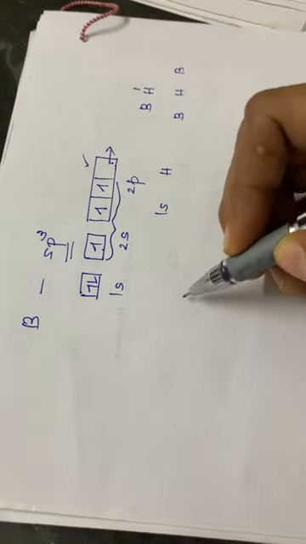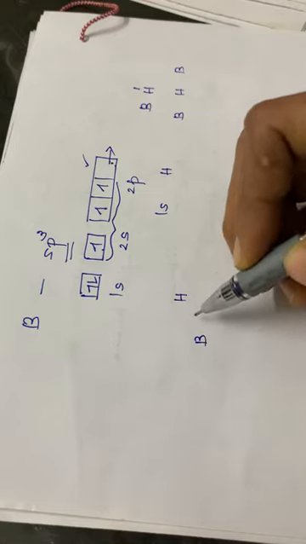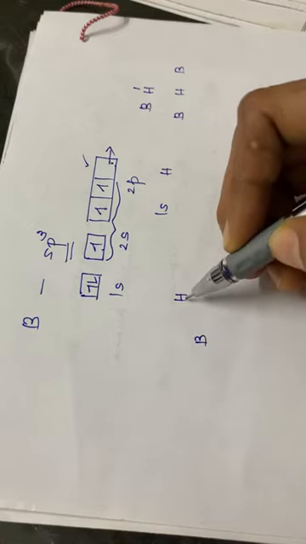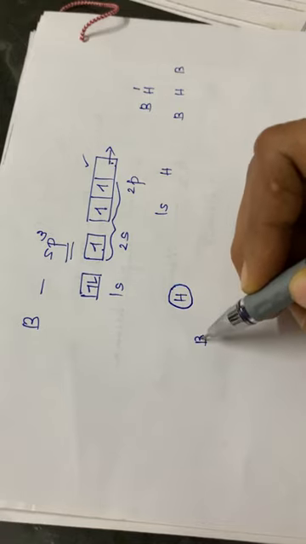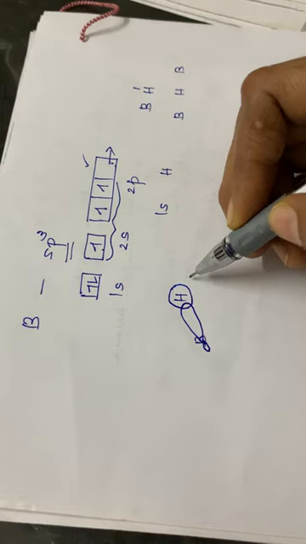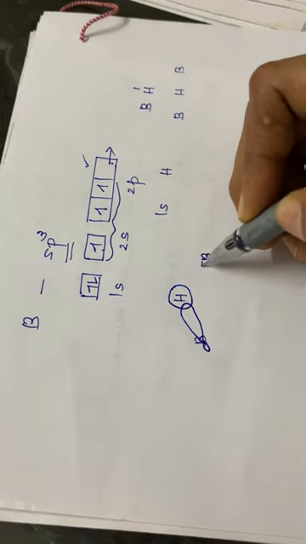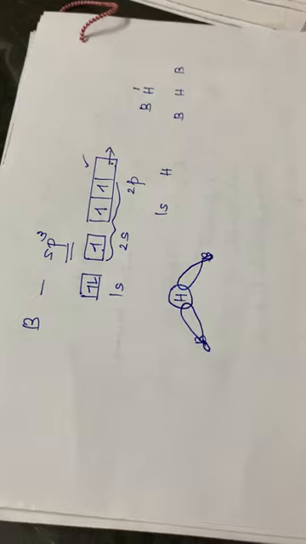It will be these 2 boron atoms sharing electrons from this hydrogen atom. So this is the hydrogen atom, this is the boron atom, and this is the hybrid orbital. This is the next boron atom, and it will share the electron from the hydrogen atom.